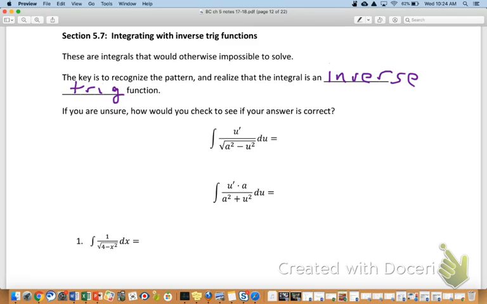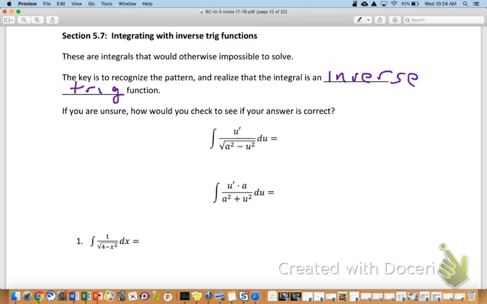Okay. So when you look at these two examples right here, what I'm hoping is because of what we just did five minutes ago, you'd look at those and say, whoa, I think I recognize those. And we'll get into some of the details about how you could recognize these out of context. But what does that top integrand look a lot like? The derivative of arcsine. So what do you think the antiderivative would be?